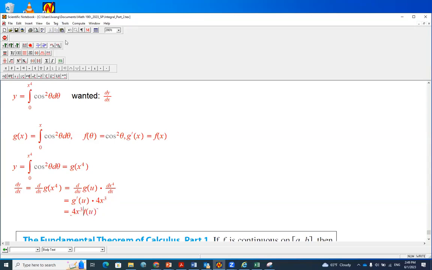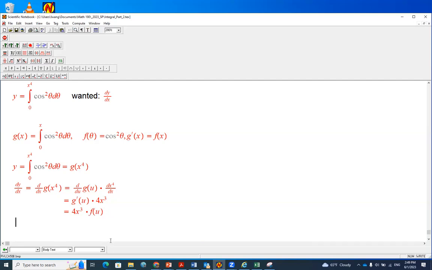And what is f of u? You know what f of theta is. So f of u is simply replacing theta by u. f of theta is cosine square theta, so f of u is going to be cosine square of u.